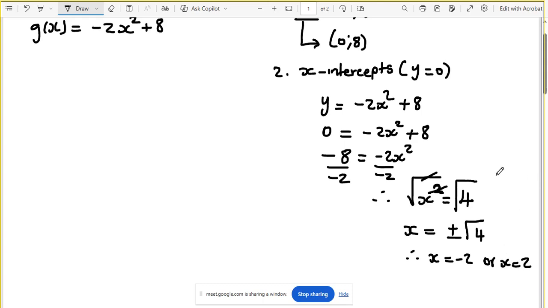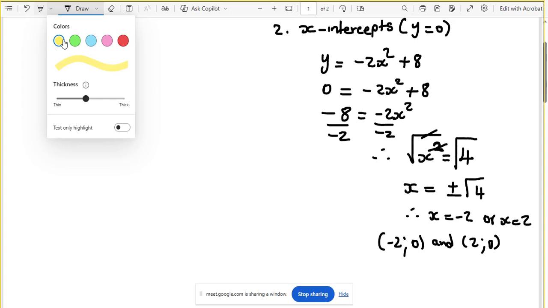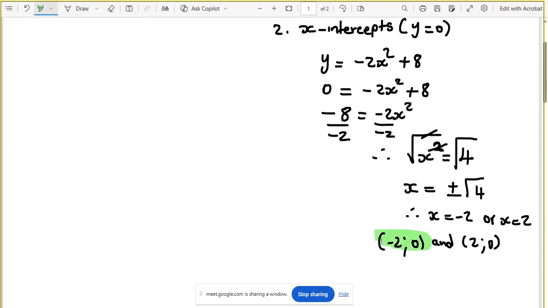So these are the x-intercepts if y is 0. So the coordinates will be (-2, 0), and the other coordinates will be (2, 0). So these are your x-intercepts. We definitely need these x-intercepts in the upcoming drawing.